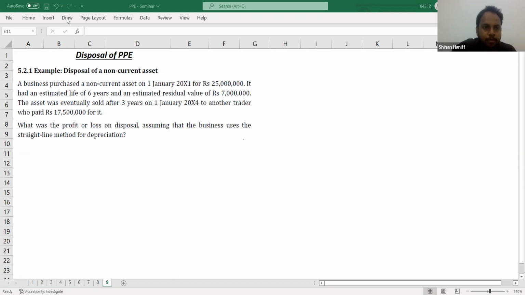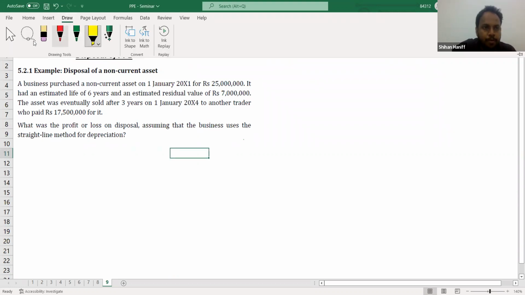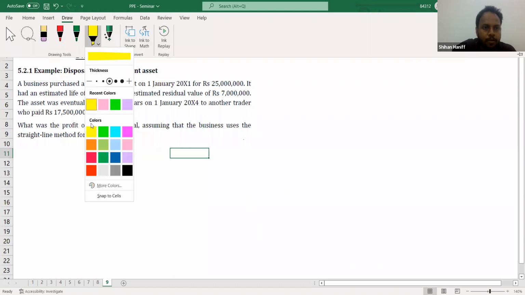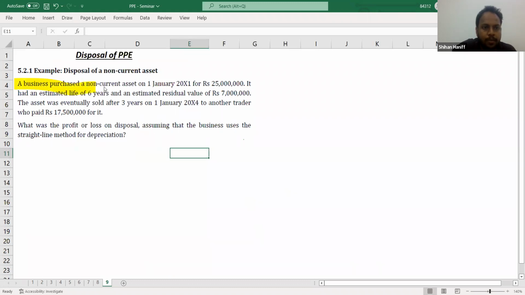Okay, so let's start. A business purchased a non-current asset on 1st of January 2001 for 25 million. It had an estimated life of 6 years and an estimated residual value of 7 million.